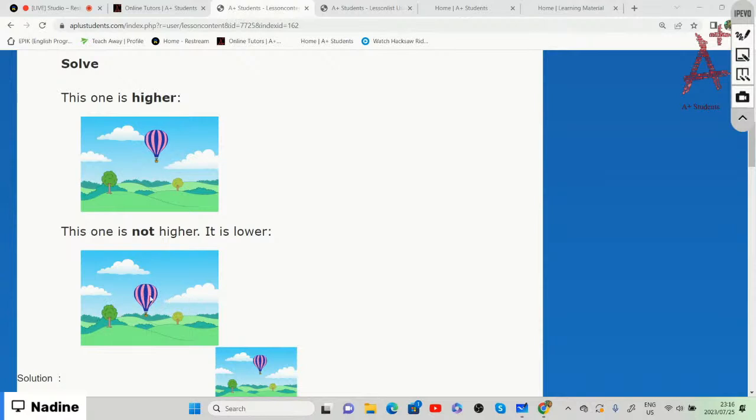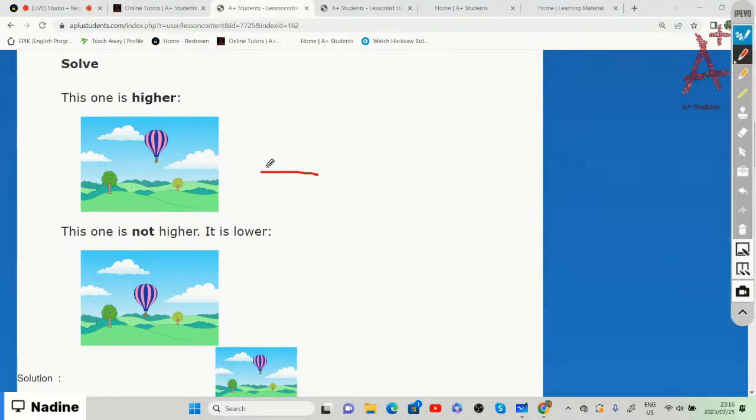However, the bottom one is still near the land, because we can see it's only as high as the trees, but not as high as the sky, which means that the top one is higher and the bottom one is lower. So as you can see, they are now being compared to one another. One is higher and the other one is lower. And this is a comparative adjective.